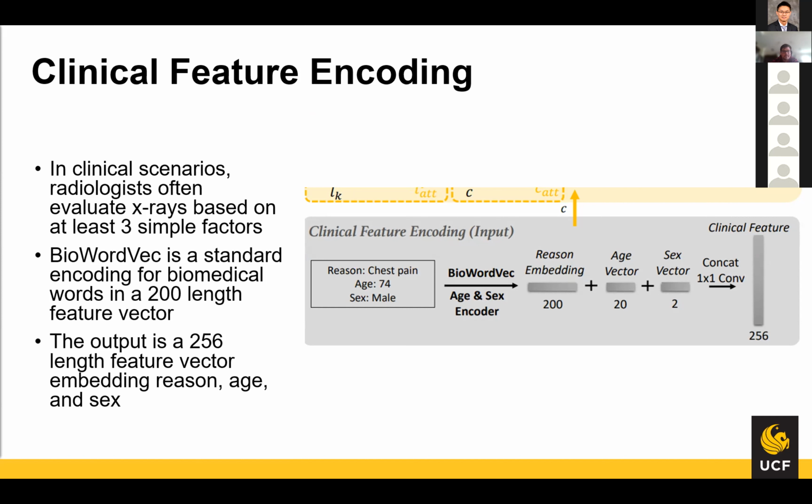Age was split out into 20 values that represented 5-year increments from 0 to 5 years to 95 to 100 years old. So the output after concatenating all three of those was cast into a 256 dimensional feature vector.